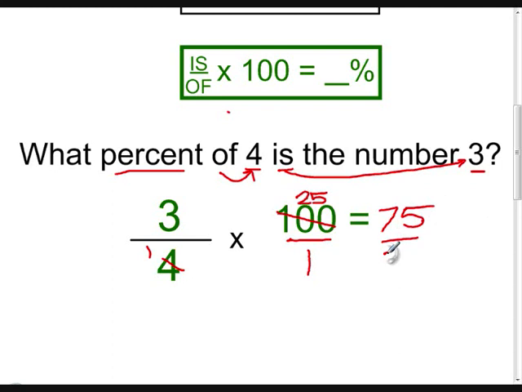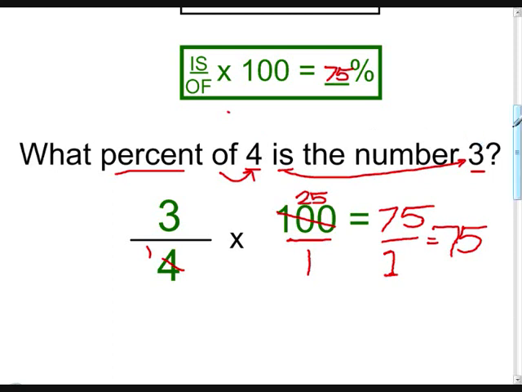So again, I'm going to solve this improper fraction by dividing the 1 up into the 75, and I get 75. So what this is telling me is that my missing percentage is actually 75. And so to answer this question, 75% of 4 is 3.